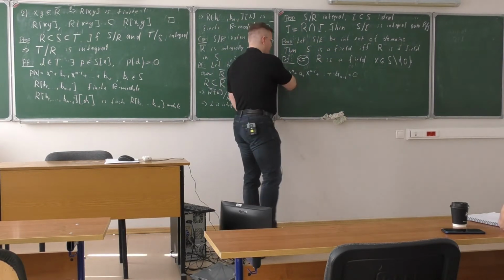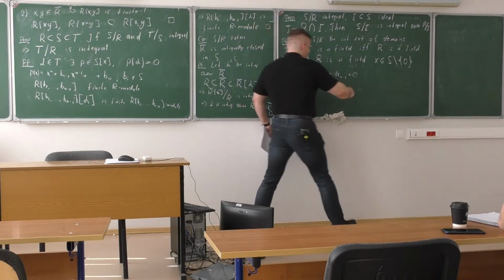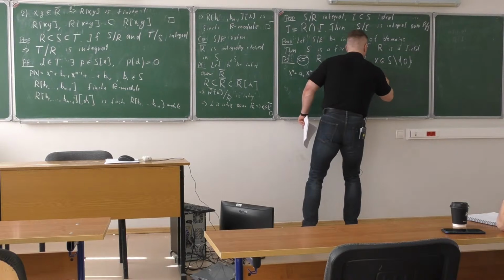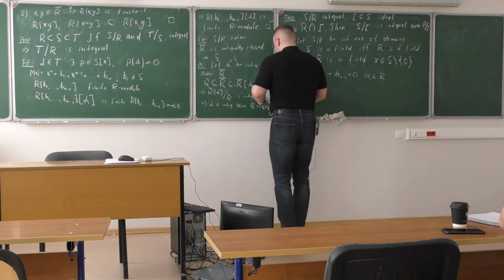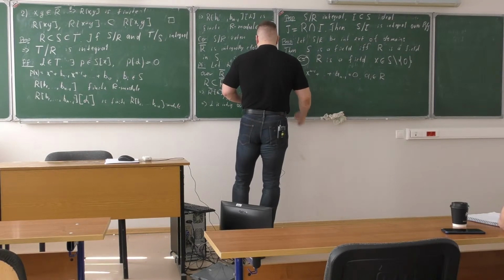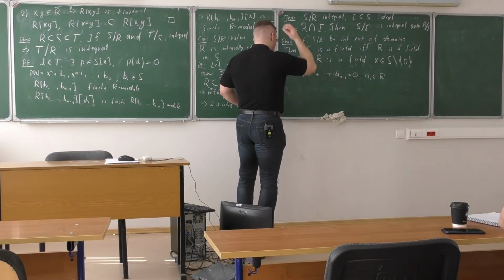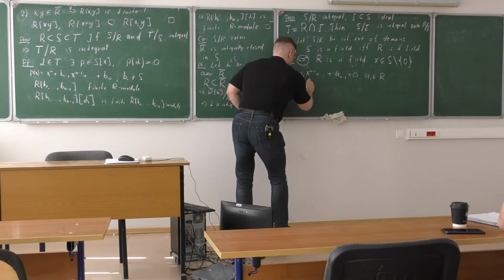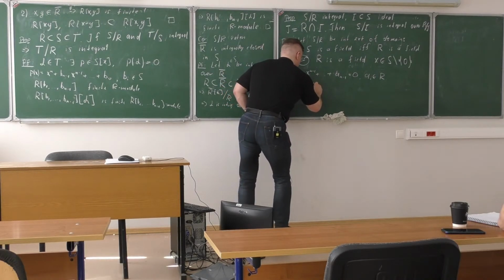This is just the fact that this is an integral extension. So all the coefficients ai are in the ring R. Let's take this to be the equation of the lowest possible degree.